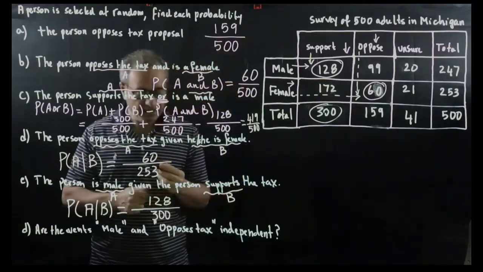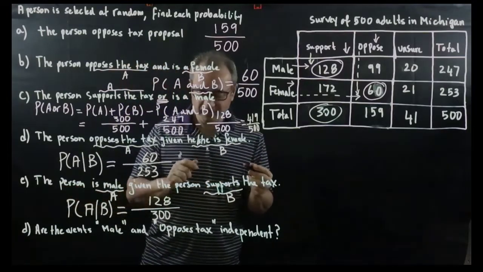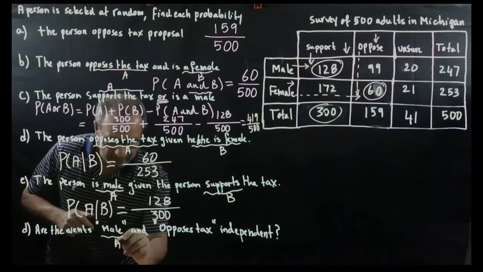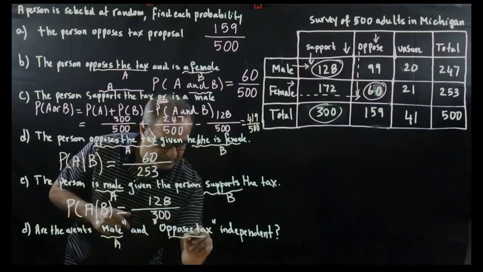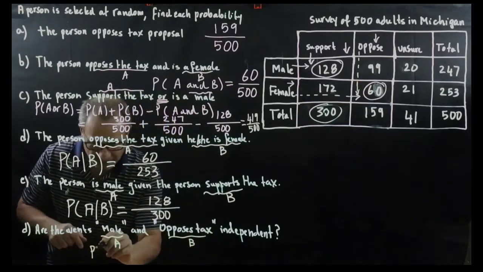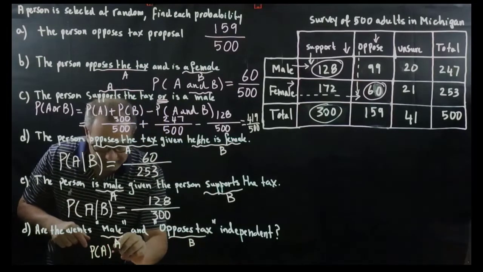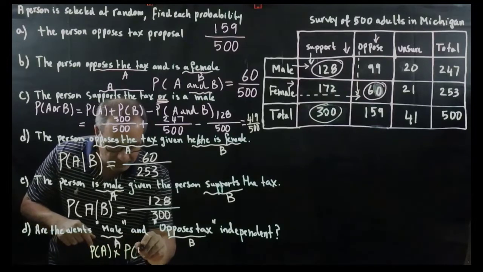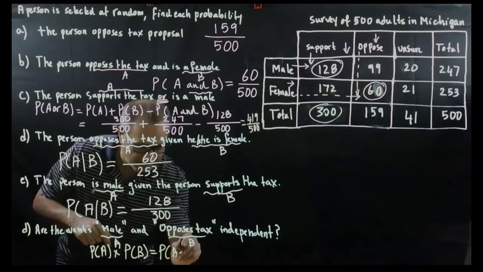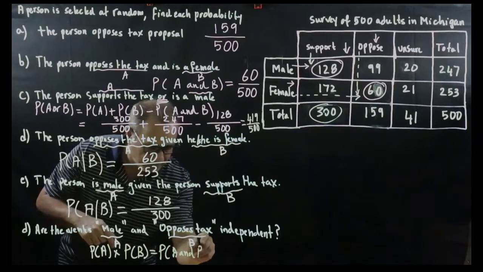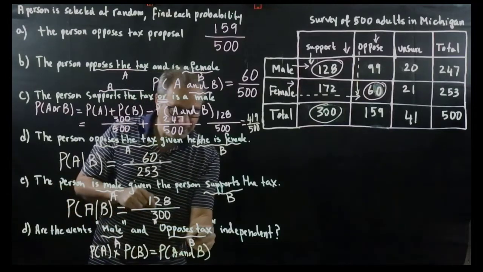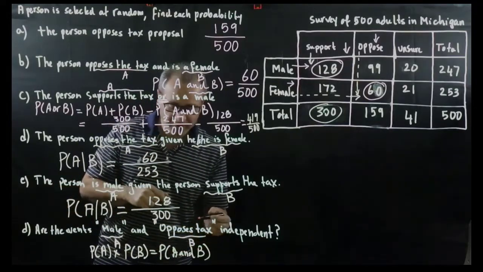Are the events male and opposes tax independent? Let's call this event A, and let's call this event opposes tax B. We say two events are independent if the probability of A times the probability of B equals the probability of A and B. If the probability of A times the probability of B equals the probability of A and B, then the events are independent.